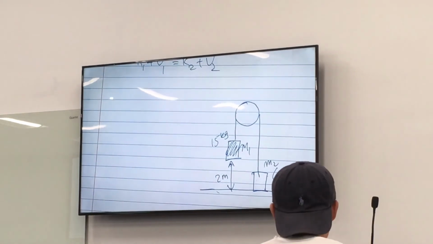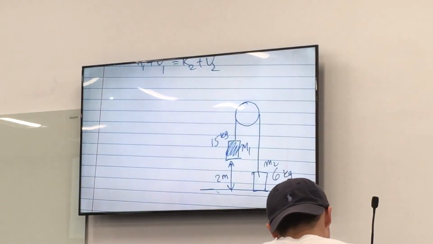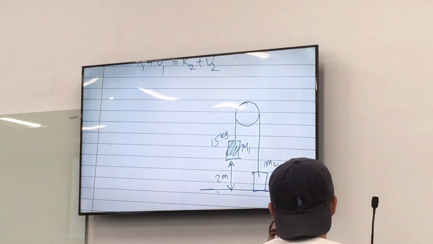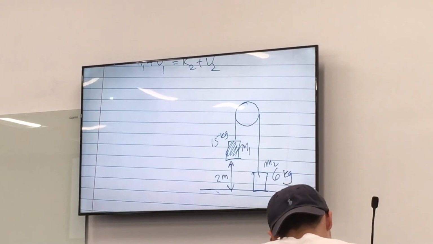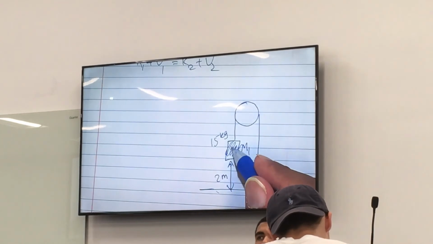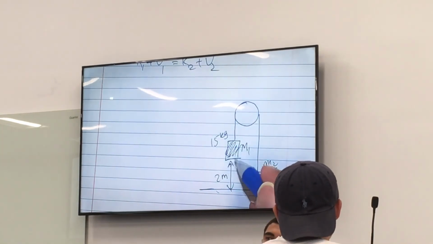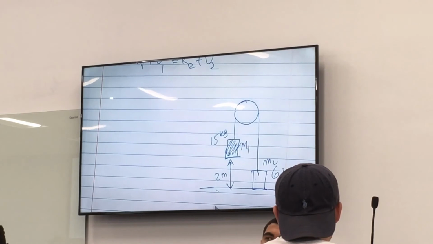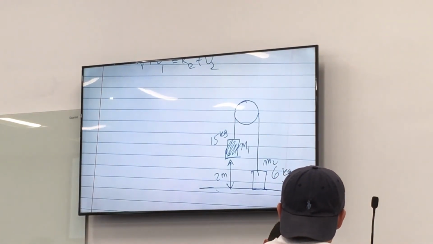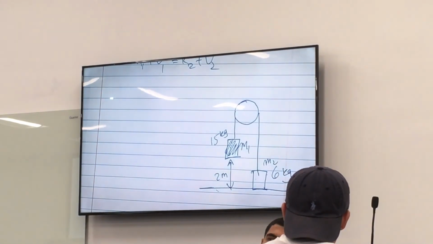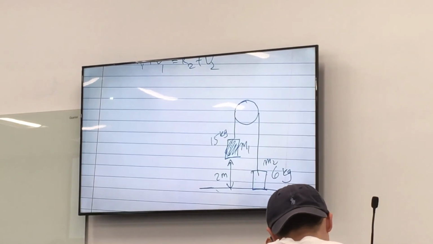And they are tied with a string that passes over a pulley. The pulley is frictionless and very light. And the problem will ask, if you release the system from rest, obviously the 15 kilograms object is going to hit the floor, and you want to calculate the velocity of both masses when M1 hits the floor.